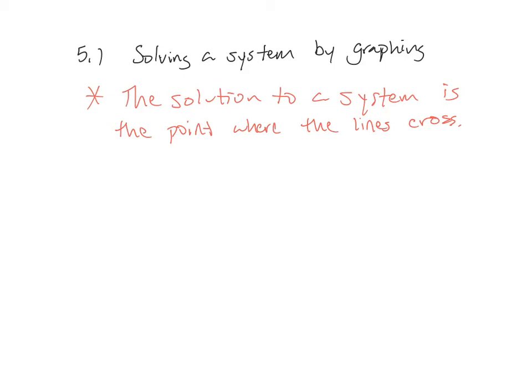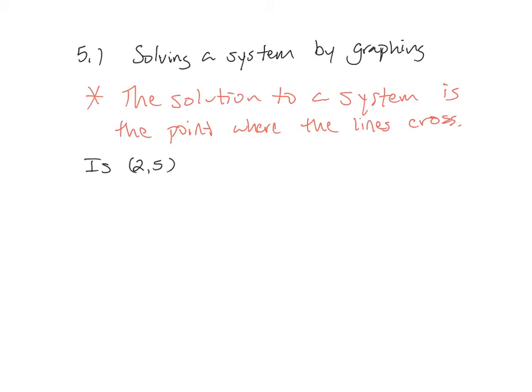In the beginning of the chapter, we're going to do a little bit of graphing stuff at the end also, but in the first 3 or 4 sections, we're finding the point where the lines cross. So first, you're not finding the solution, it's asking you if something is a solution.